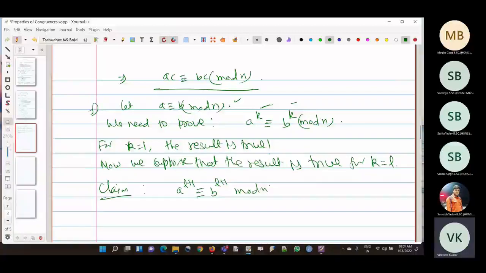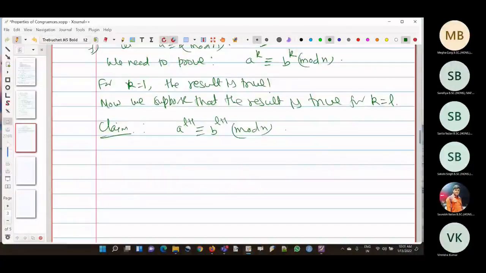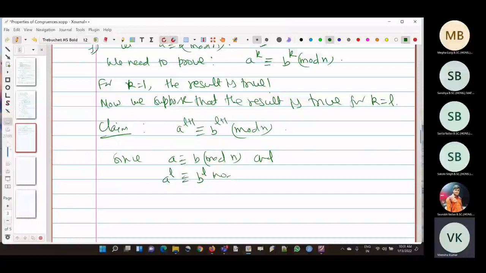So by assumption A is congruent to B modulo n, and A to the power L is congruent to B to the power L modulo n.